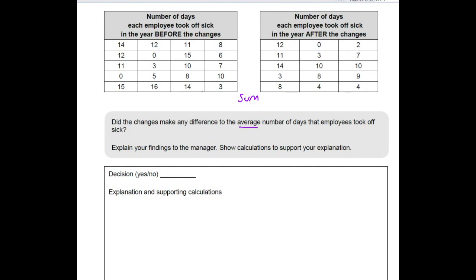Then we're going to divide by the number of bits of data that we have. So the sum before the changes, just add these totals, is 180 days.